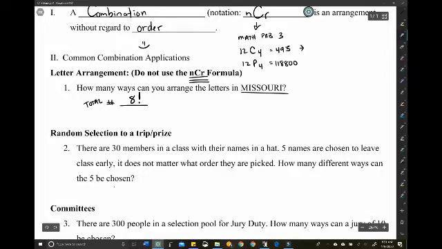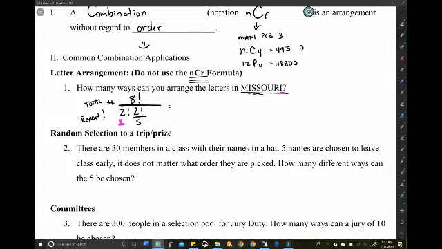Now, you're going to divide by the repeats, factorialed. The letters that repeat: I have I twice, so for the I's, I'm going to divide by 2 factorial. For the S's, I have 2 of those, another 2 factorial. The rest of the letters don't repeat. So it's the total over the repeating letters' factorials.